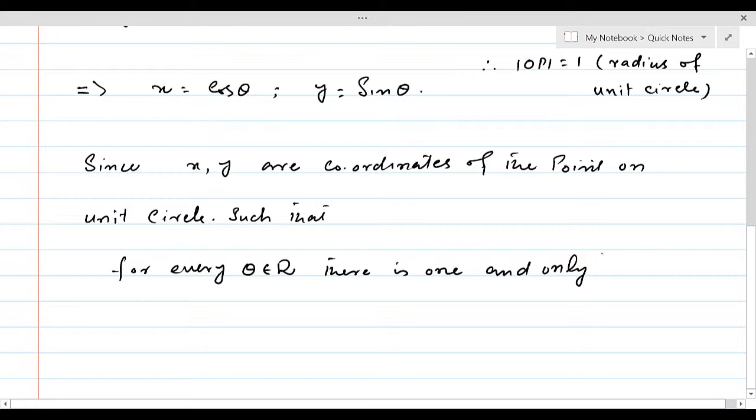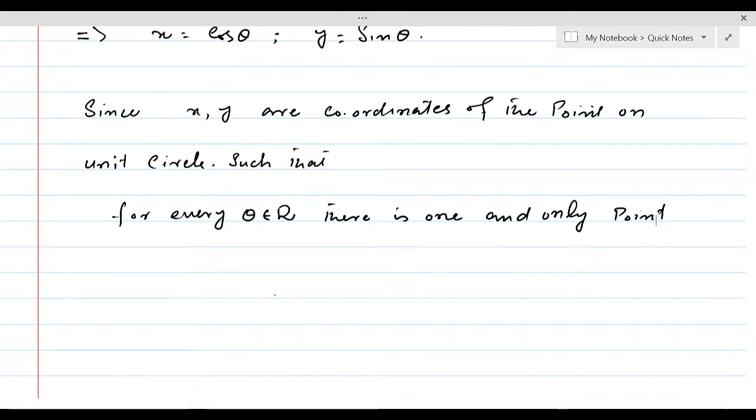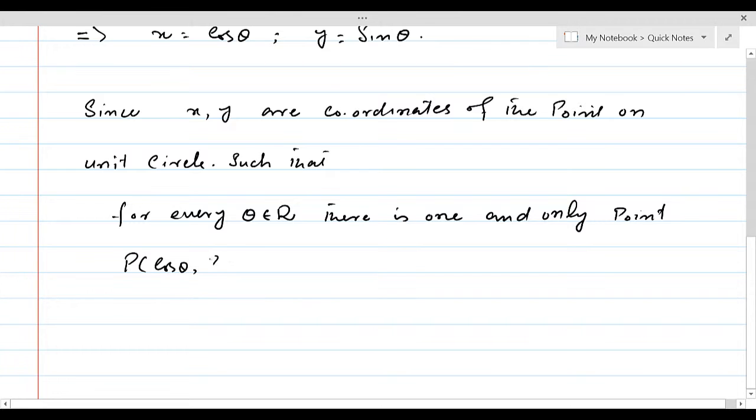For every theta belonging to R, there is one and only one point P with coordinates cos theta and sine theta, because now instead of x, y, cos theta and sine theta are the coordinates of the point on the unit circle.